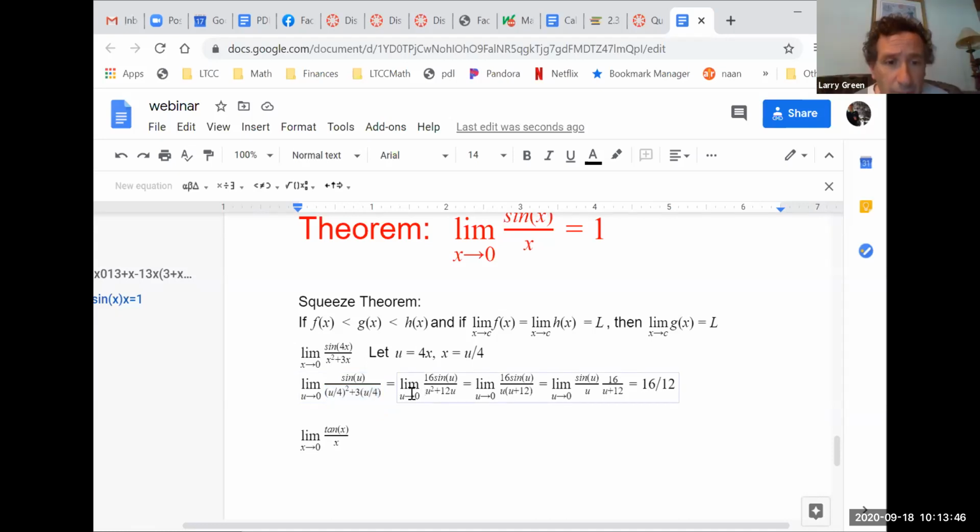Oh, I just multiplied top and bottom by 16. So you see how the top got multiplied by 16? Yes, why are we choosing 16? I guess that's what I'm trying to understand. Oh, I just multiplied by the denominator. When you square this, you get a 16 in the denominator right here. Got you. You see that?